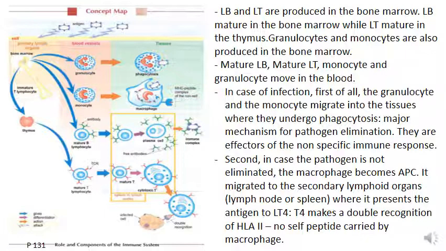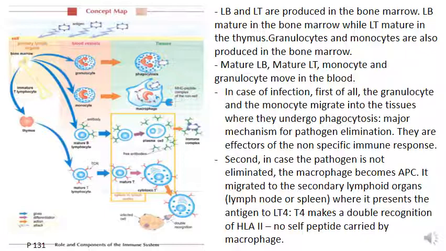Now, in case of infection, first of all, the granulocyte is a cell that is actually able to digest the non-self by phagocytosis. So you see in the figure, the granulocyte can move into the tissues where it undergoes phagocytosis of the non-self, of the antigen.